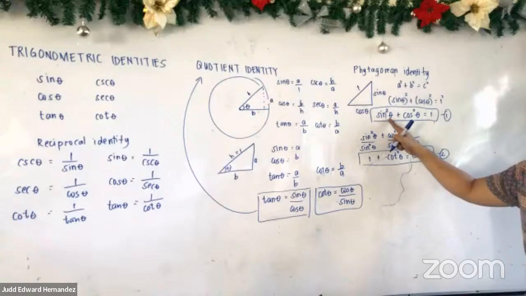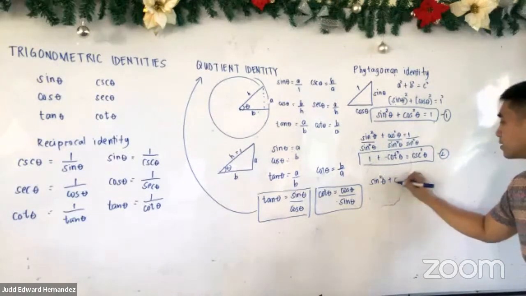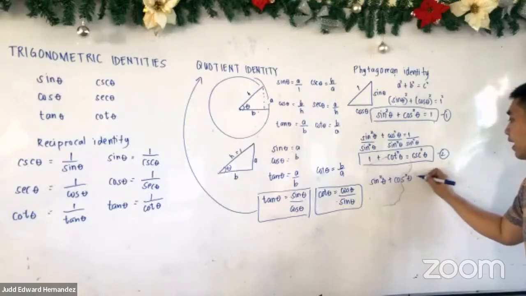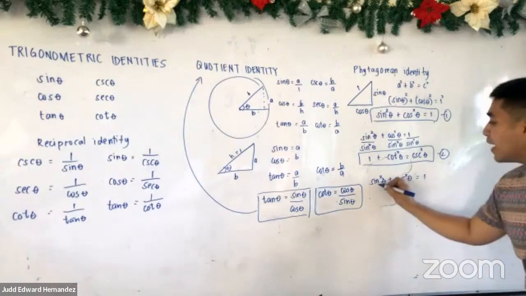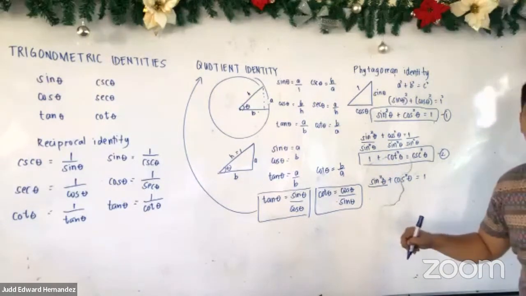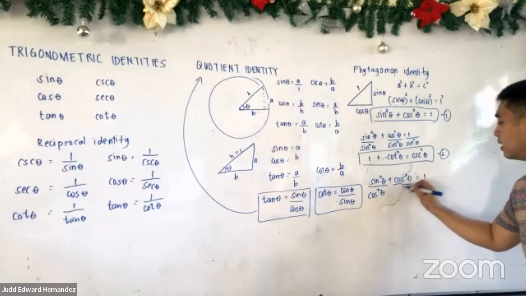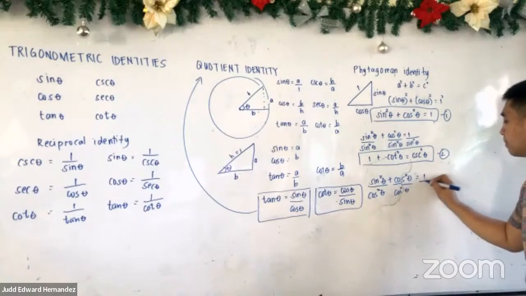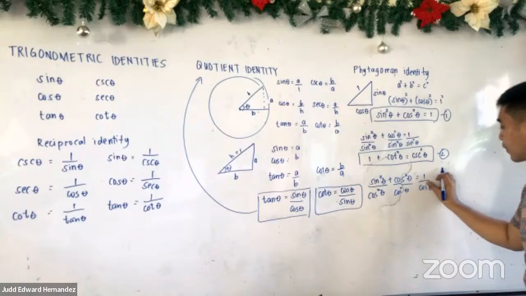Balik tayo sa first Pythagorean identity, that is sine squared theta plus cosine squared theta is equal to 1. And in this case, we will be dividing all the terms by cosine squared theta. But what do we know about sine over cosine?